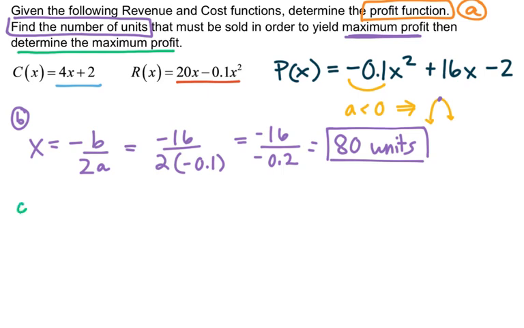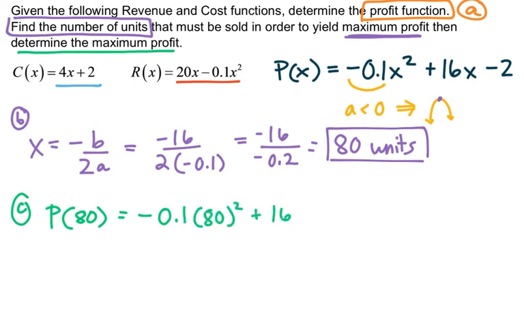And then for the third portion, determining that maximum profit would be evaluating the profit function when x equals 80. So I have P of 80 is negative 0.1 times 80 squared plus 16 times 80 minus 2.